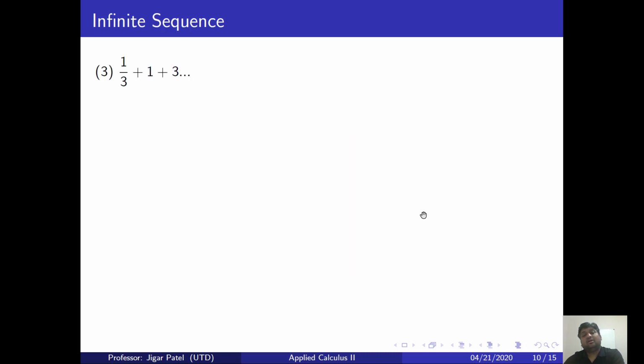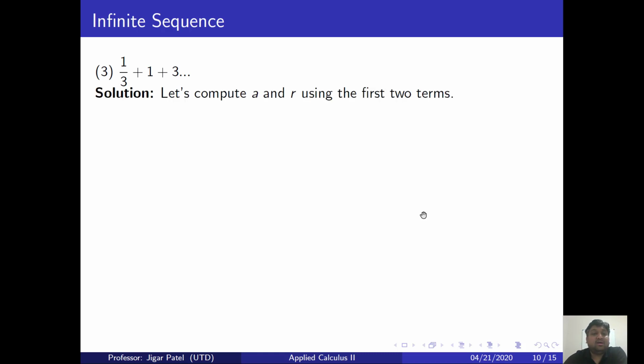Okay. Alright. Here is the third example: 1 by 3 plus 1 plus 3, and so on. Again, it's clear that I need A and R. I just need to look at the value of R and then decide whether or not the series converges or diverges. Looks like A1 is 1/3, A2 is 1. The first term is 1/3, the common ratio is 3.